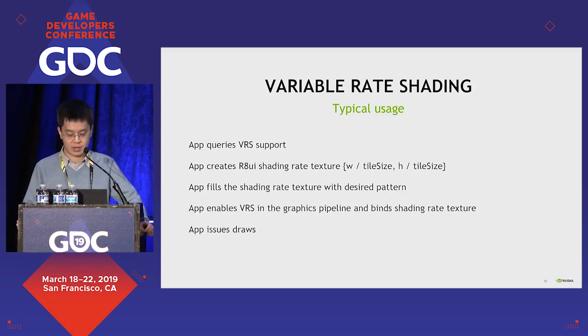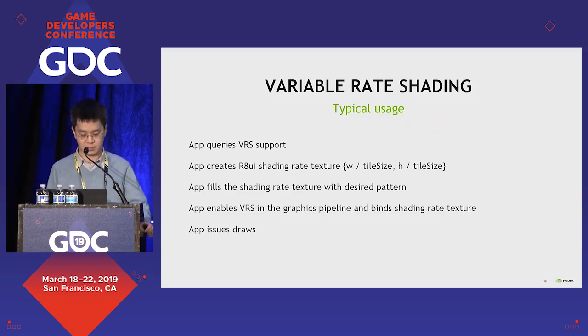After that, the app can enable VRS in the graphics pipeline and bind the shading rate texture before it issues any draws. So there's nothing that needs to be changed in the draw calls. No data or shader changes necessary. The code we need to add to the engine is fairly minimal, as listed here.